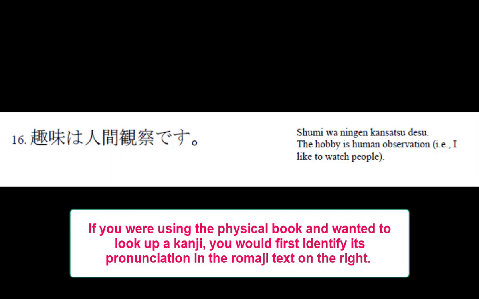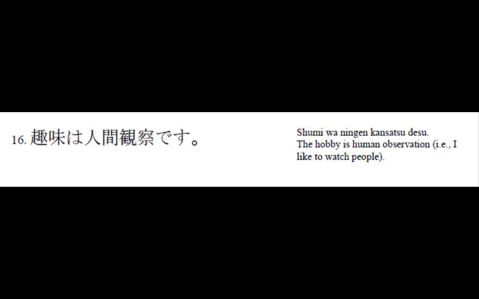You first need to identify the kanji's Romaji pronunciation in the text to the right of the sentence, and then look up this pronunciation in the index at the back of the book. In this case, we can see that the first word in the Romaji sentence on the right is shumi, so we can be pretty sure that the pronunciation of the first kanji is shu.